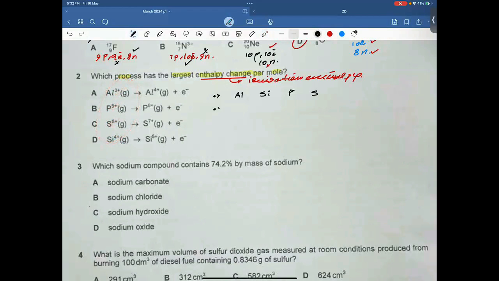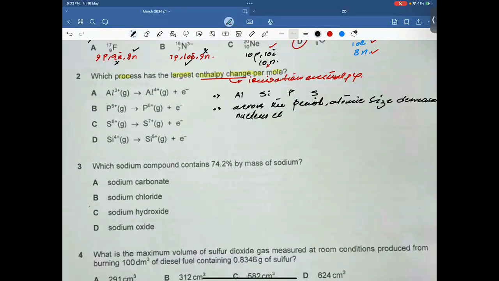And the most important thing in the period trend is that across the period, atomic size decreases, and nucleus to valence electron attraction increases.